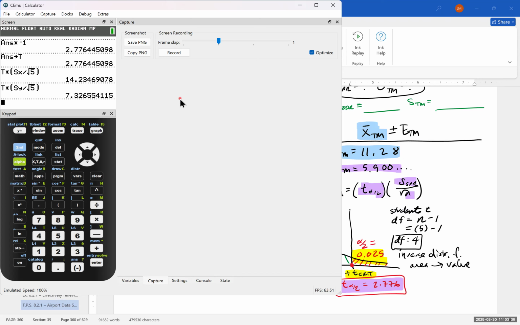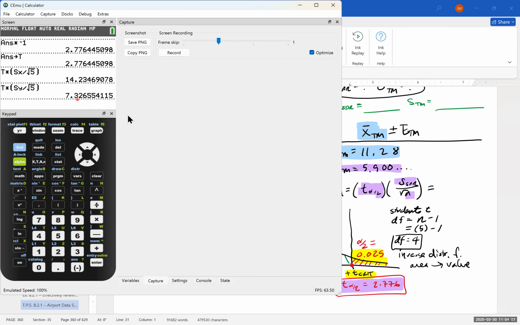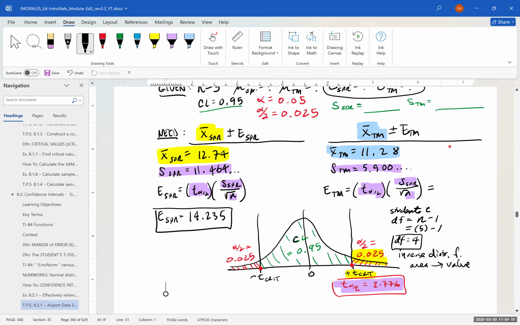So let me go ahead and write those down. $14.235, and the margin of error for T-Mobile was 7.327.